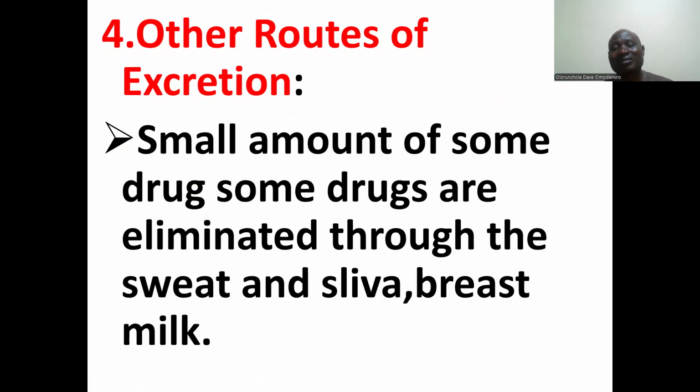Those are the few things I would like to pass across to you on drug excretion, where we paid specific attention to renal excretion. We looked at glomerular filtration, passive reabsorption, active tubular secretion, and also the segments of the nephron where each takes place.